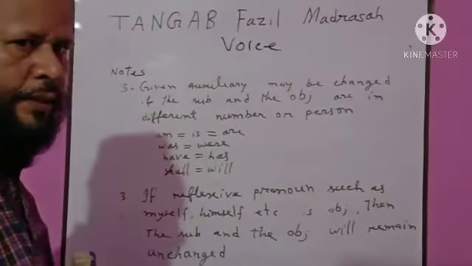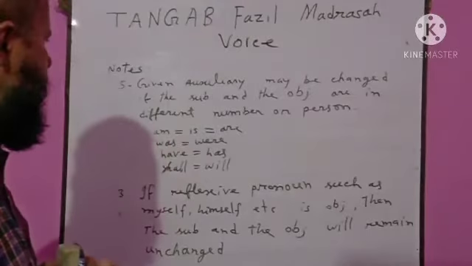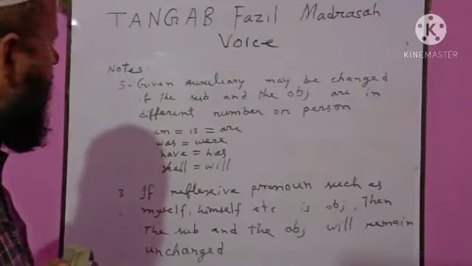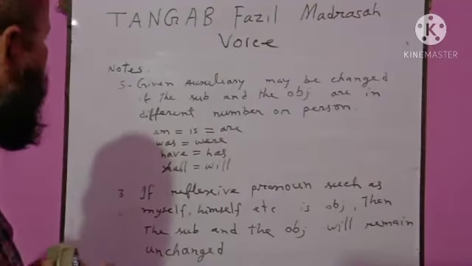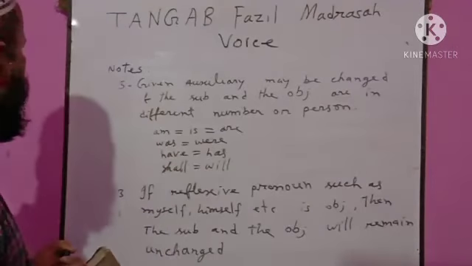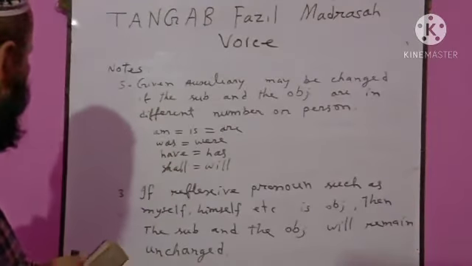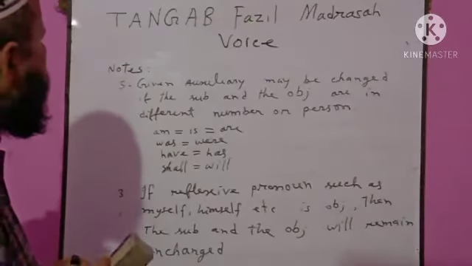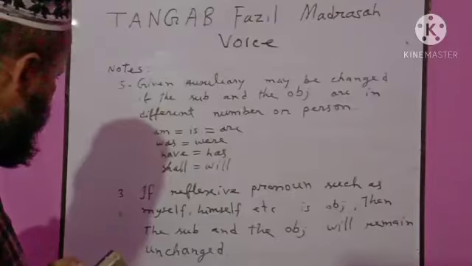Given auxiliaries may be changed if the subject and the object are in different number or person. You should learn all the 5 notes to change active voice into passive voice.